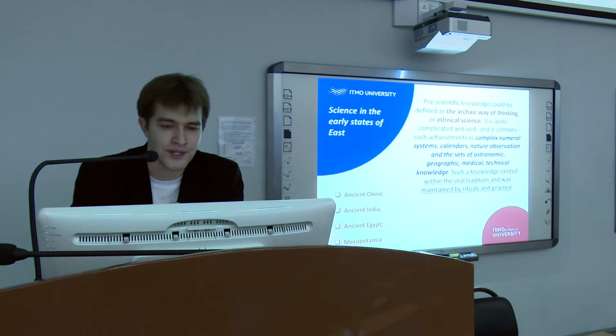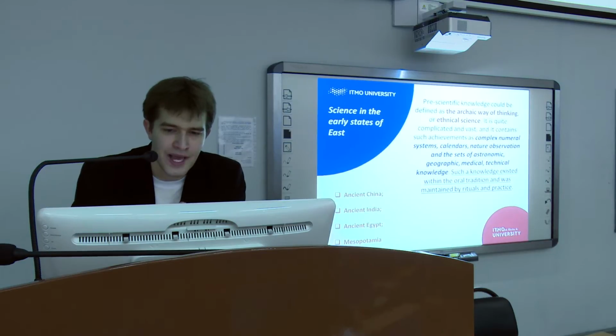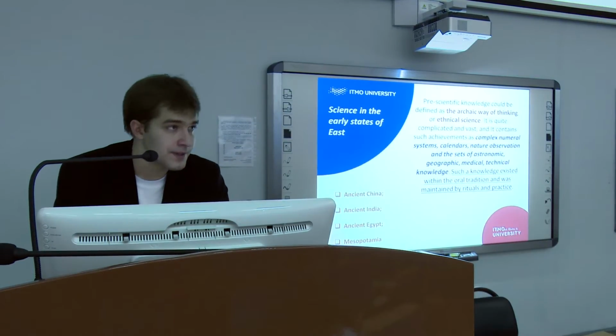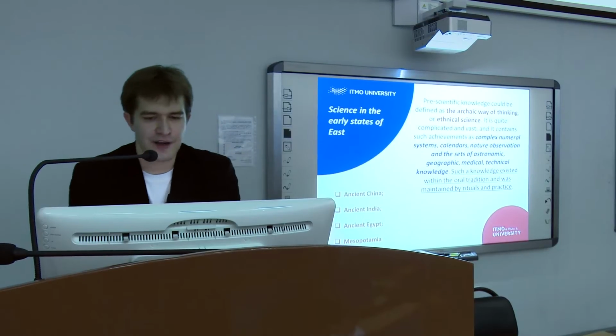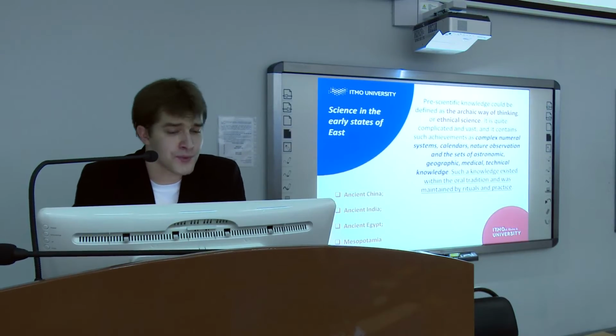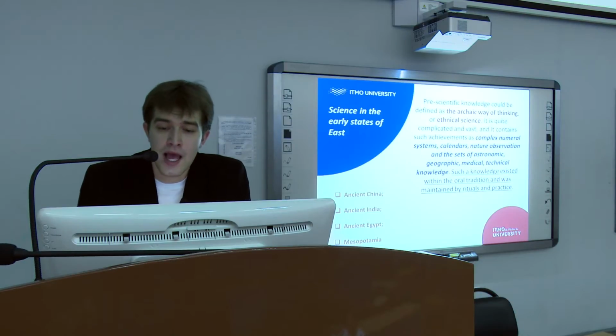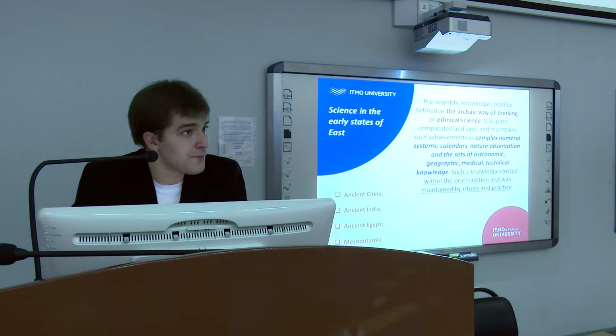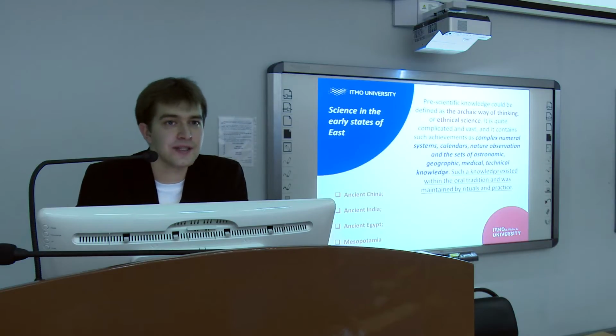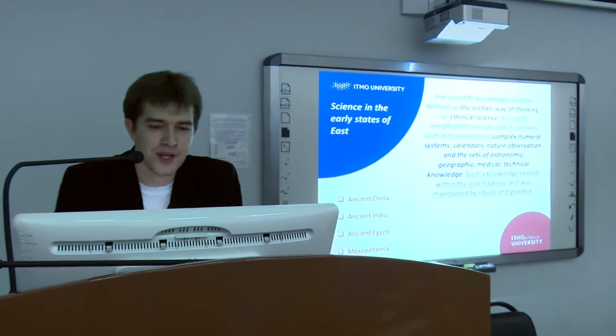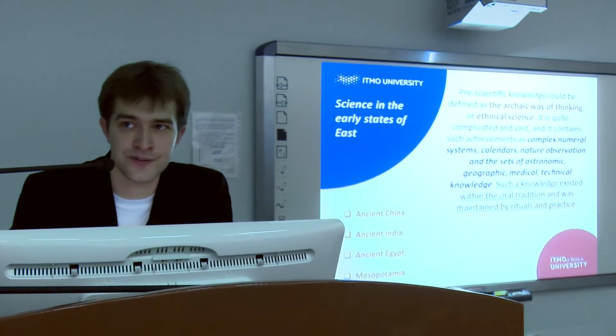Among these achievements we have to mention the complex numeral systems, which were developed in China, in India, of course in Phoenicia and so forth. Then the first calendars. We have various calendar systems from culture to culture and from civilization to civilization.